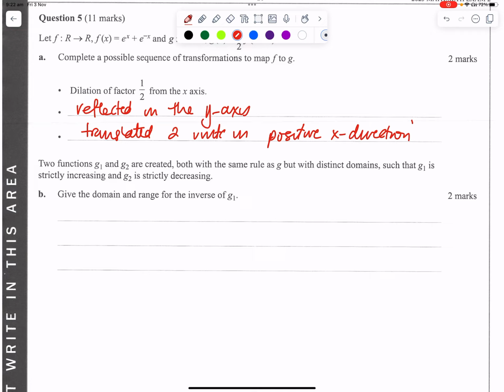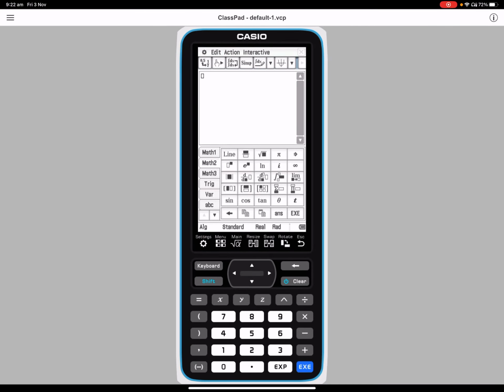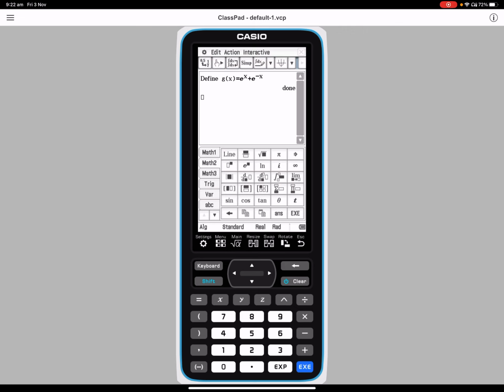Okay, so e to the x plus e to the negative x, call that f of x, so that's what it does.